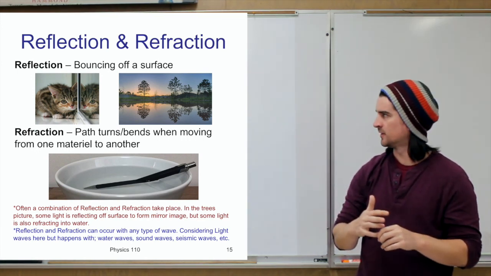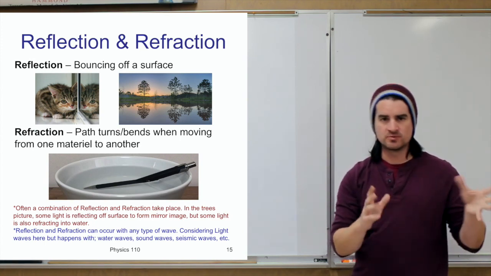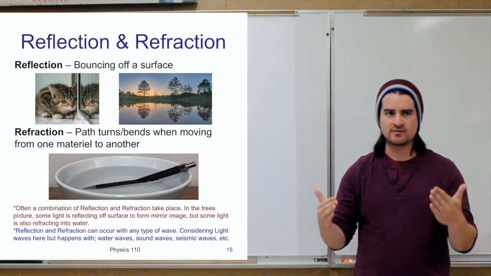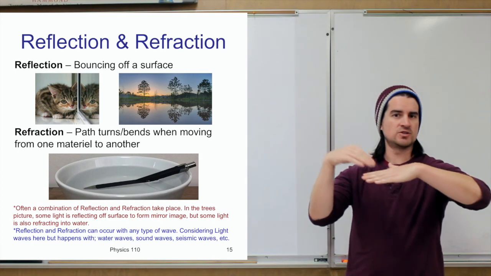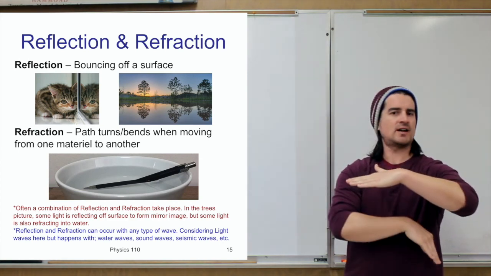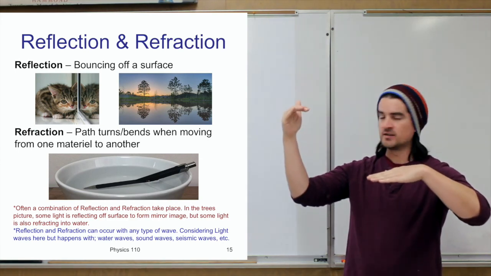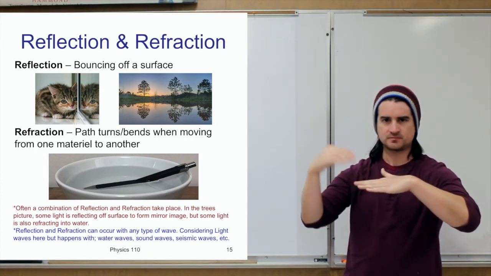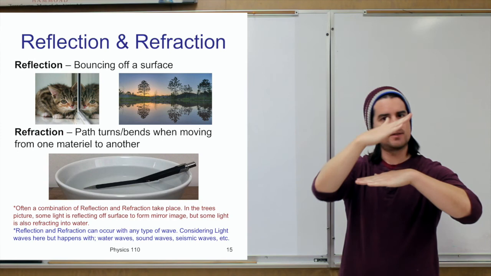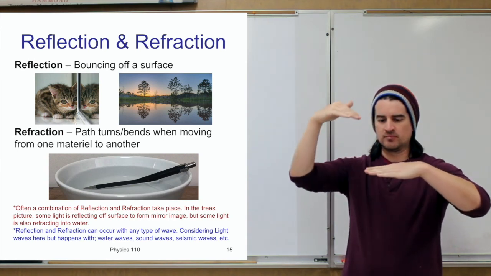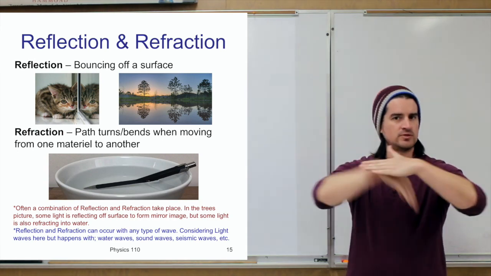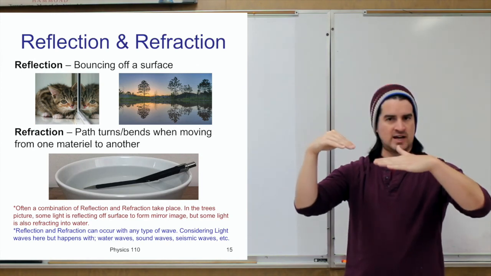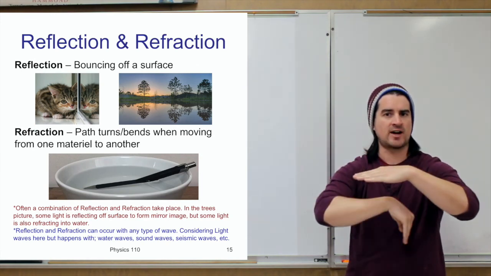But besides absorption, when you have light meeting the interface of two materials, and it can still travel through the second one, like light hitting the surface of a pond, light can bounce off that surface, can reflect, but it can also keep traveling through, and what happens in that case is what we call refraction.